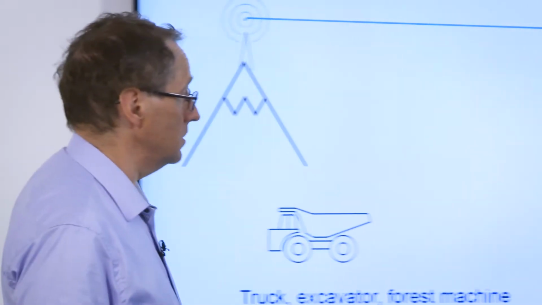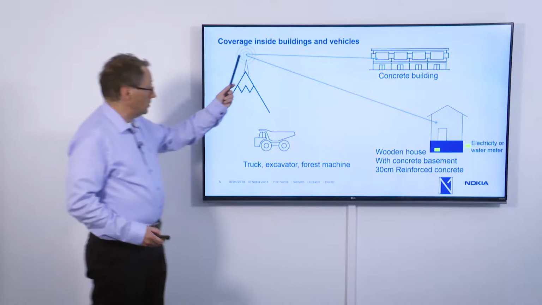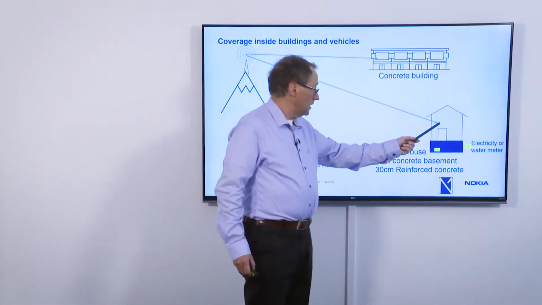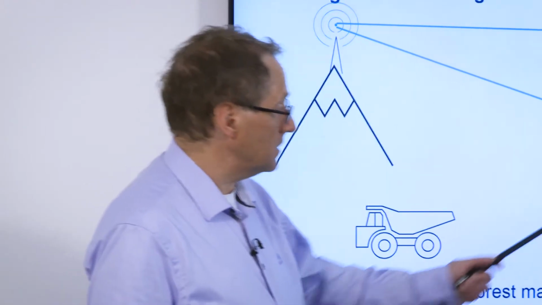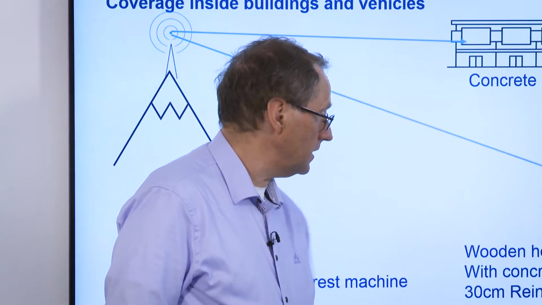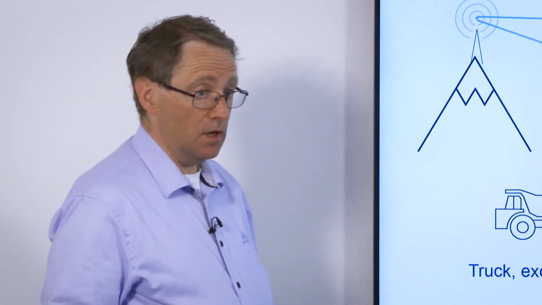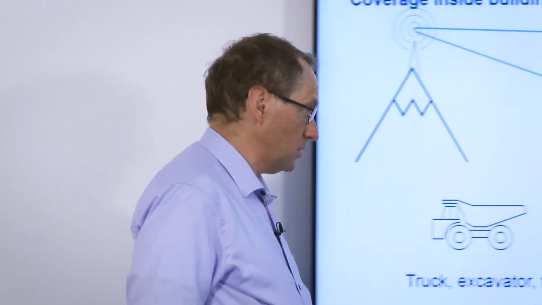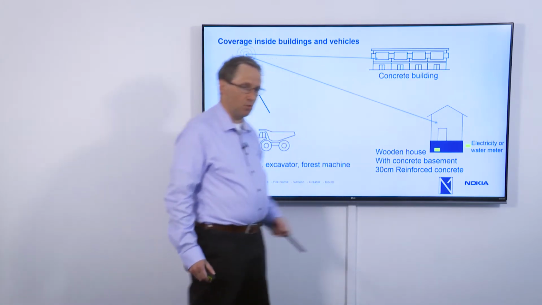Sometimes we are happy and the signal travels through the windows, but very often it goes through the concrete. Going into a wooden house, which we have quite a lot of in Sweden and the other Nordic countries, is not so difficult. It penetrates pretty well through wood and windows. Though very often a water meter or electricity meter is placed in the basement or a location inside the house with poor coverage.